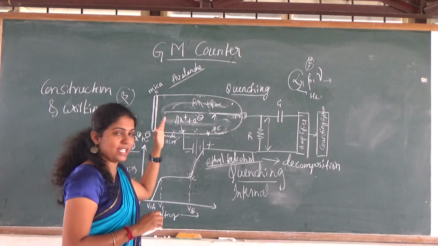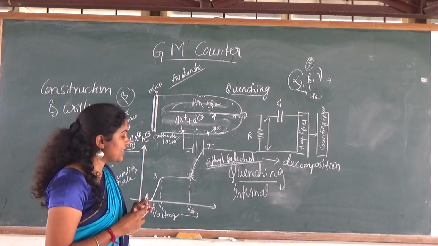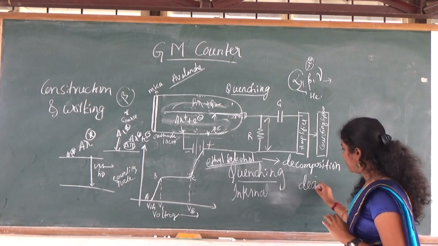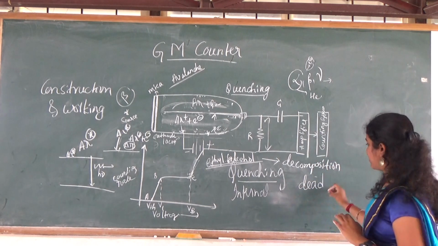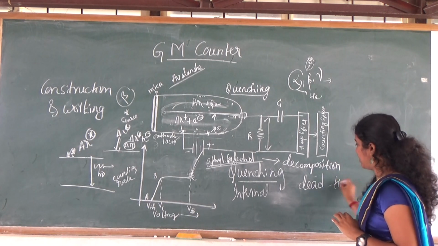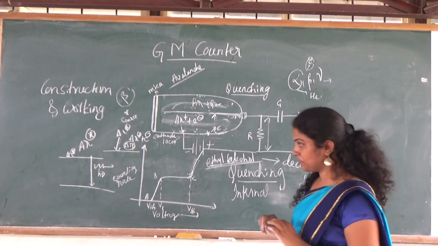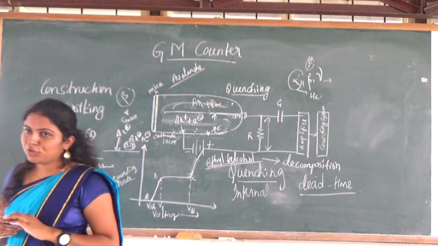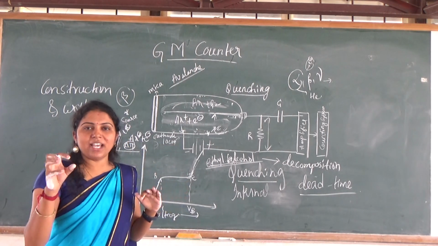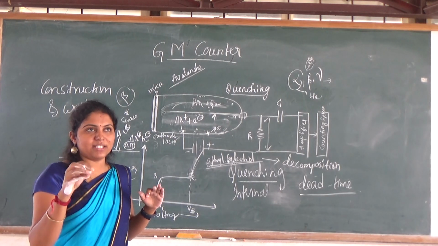This is the ionization procedure. Next, we should know a term. You will do the experiment about this; you already did the dead time of the GM counter. What is this dead time? Every instrument has some negative impact, that is the error.